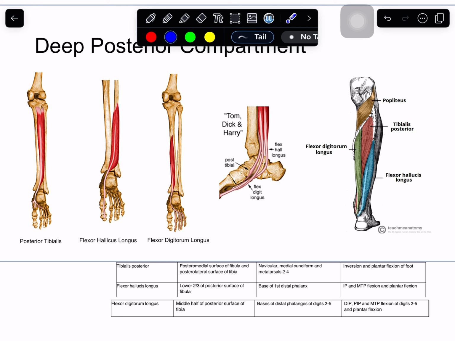And then finally, we have our flexor digitorum longus, right?